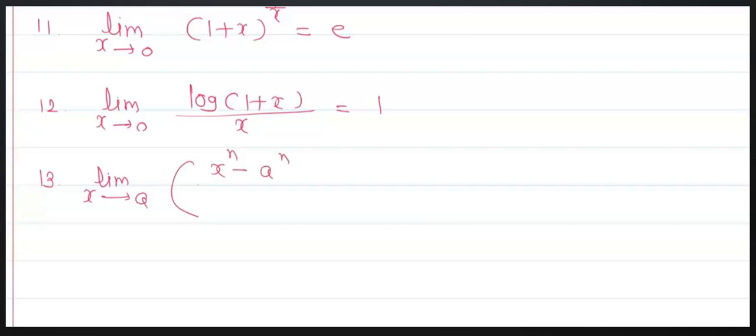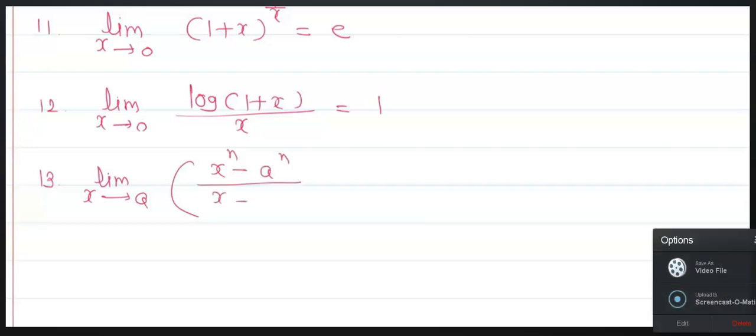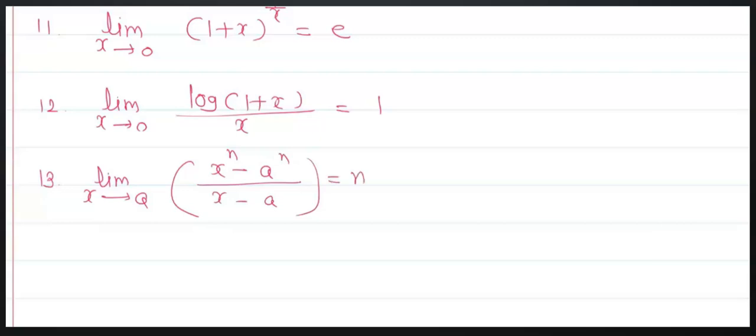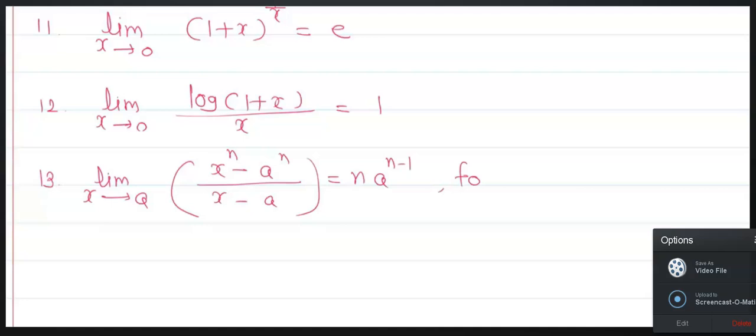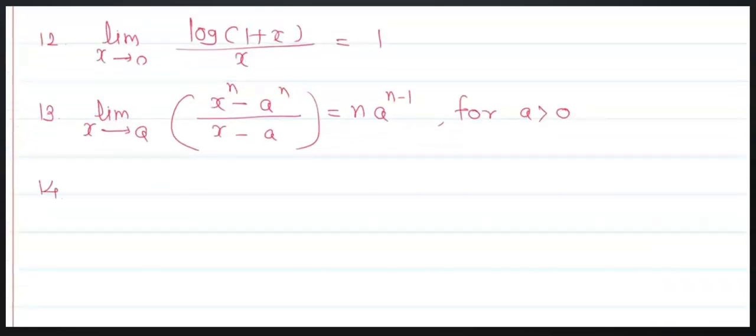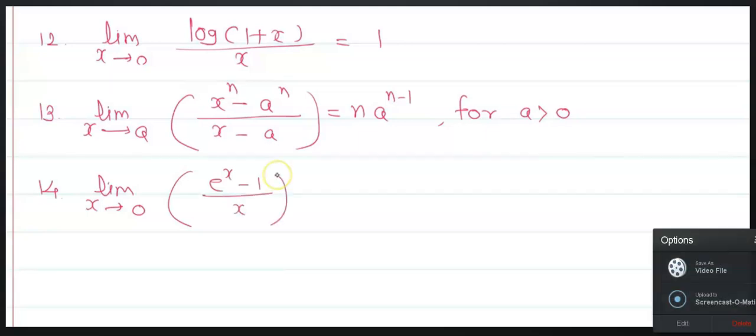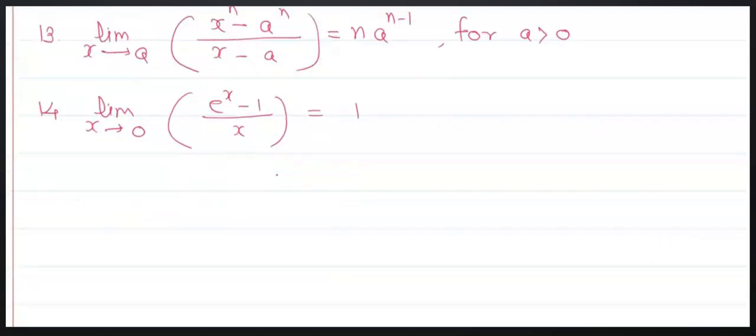Limit x tends to a, x raised to n minus a raised to n upon x minus a is equal to n into a raised to n minus 1, for a positive. Limit x tends to 0, e raised to x minus 1 upon x is equal to 1. Limit x tends to infinity, 1 upon x is equal to 0.